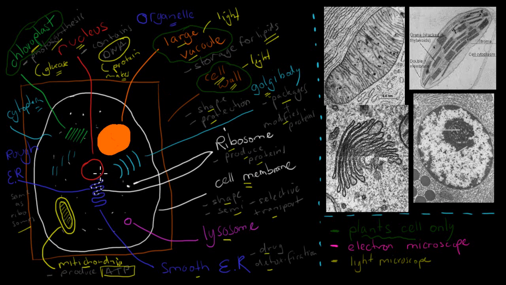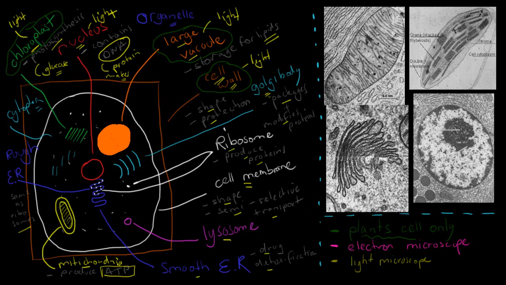You can see the nucleus with your light microscope. And you can see the chloroplast with your light microscope. All the other ones, the ones I didn't mention, need an electron microscope to be able to actually identify and see them. So large vacuole, cell wall, nucleus, and chloroplast are the ones we see with the light microscope. For all the other organelles, we need the electron microscope to be able to see them.